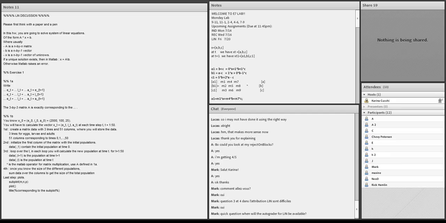So m and n stand for the number of rows and columns for your subplot, and p corresponds to the index in the array, so the index you want to fill with the plots. So you'll have to use the subplot command, then plot what you want to plot, and then I suggest you add a title so that it's clear which plots refer to which population. All right, so that was it for question 1b.